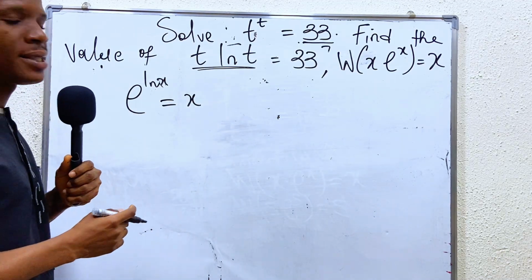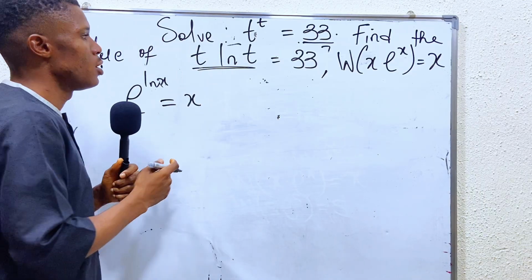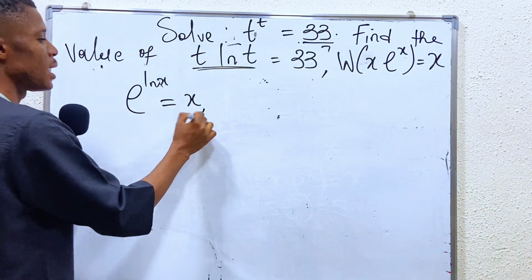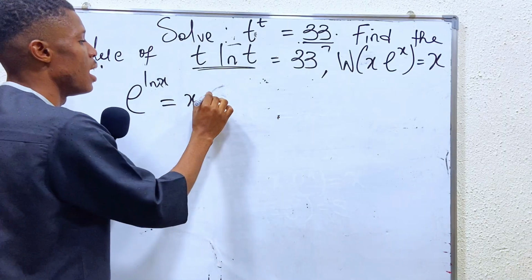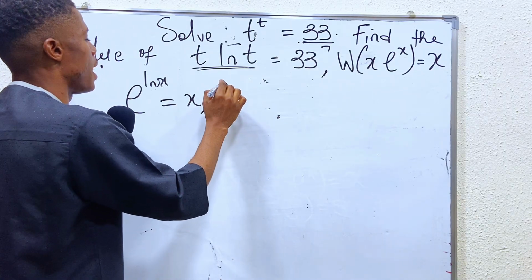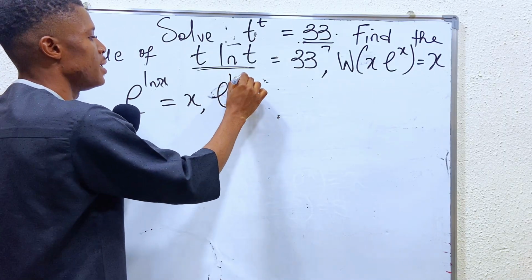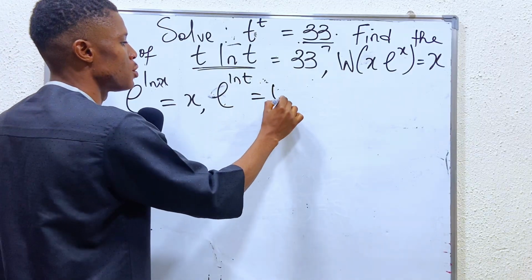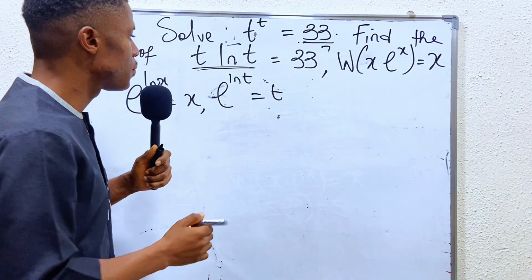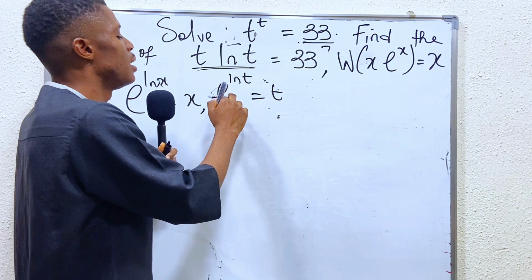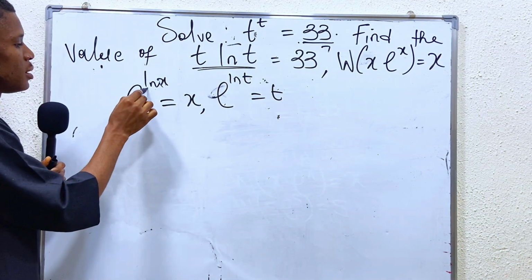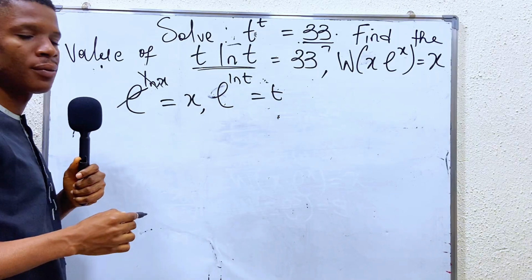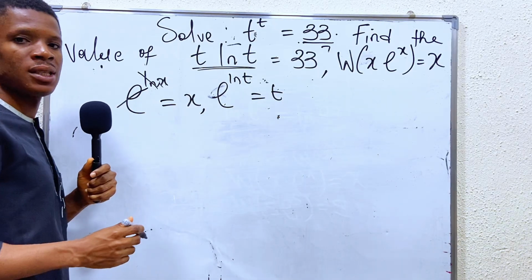So we can now write it in terms of t: e to the power of ln t should be equal to t, right? So we substitute t with e to the power of ln t, because at this point e will cancel out the ln, leaving us with x.